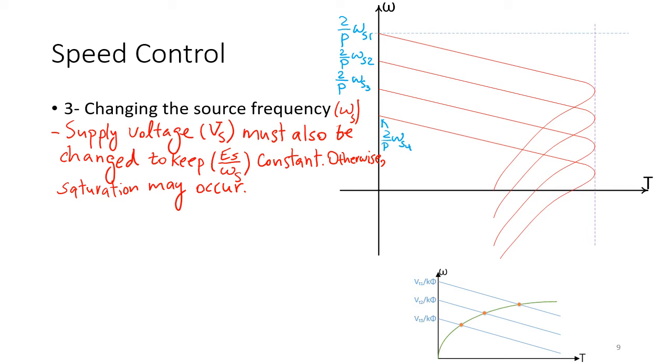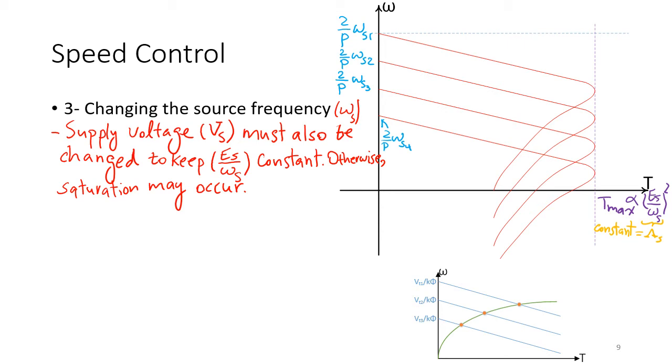But because ES over omega s is constant, Tmax remains constant, as I said, because it is related to ES over omega s squared, and here is lambda s, which is constant.